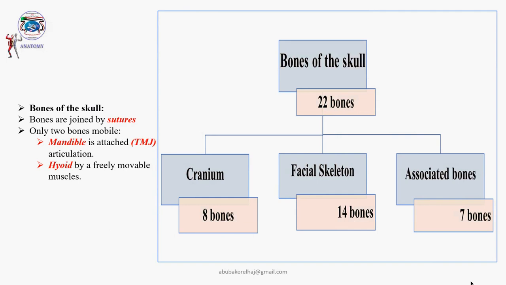The bony part of the skull has about 22 bones. These bones are articulated together by means of sutures, that means primitive joints connected to each other by fibrous tissue. We have only one mobile bone in articulation, the mandible at the TMJ, articulated with the base of the skull for mastication.